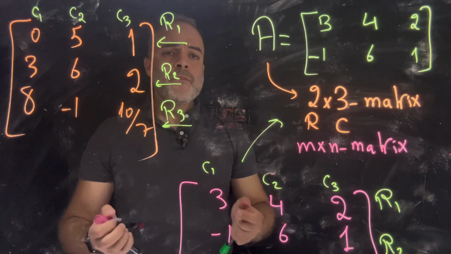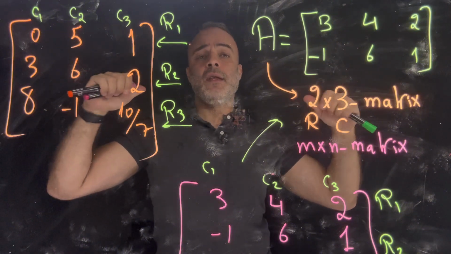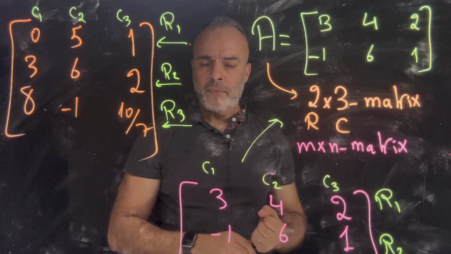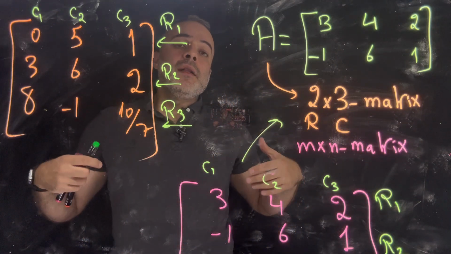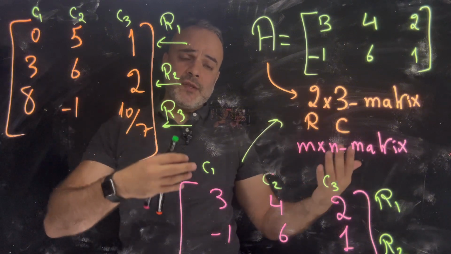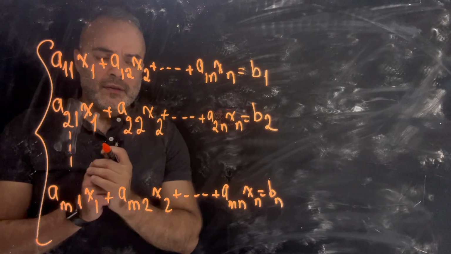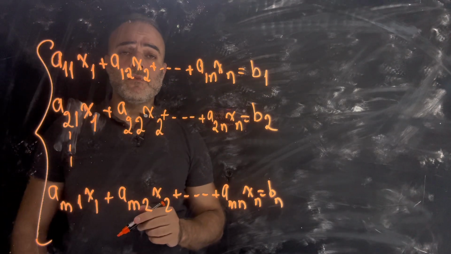Now, if you remember the general system that I showed you, A11 x1 plus A12 x2, etc., equal to B1, how can I represent this as a matrix? Let me show you. This is a linear system, and I would like to represent it by a matrix.